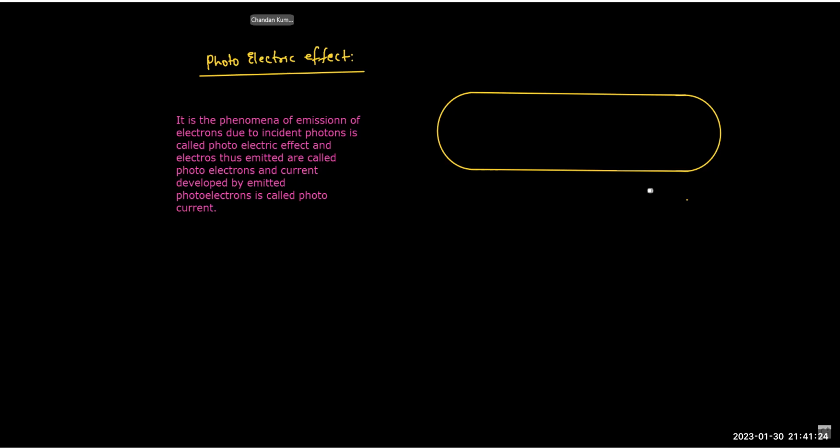So we have two electrodes. One of them we call cathode and the other we call anode, right? Yes, sir. Cathode means it is going to be connected across the negative terminal of the battery or the power supply.